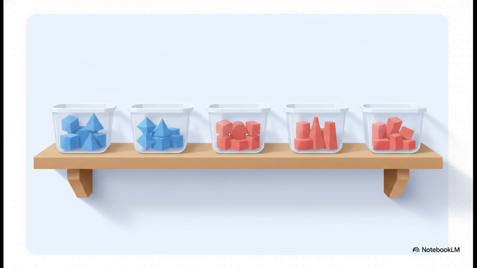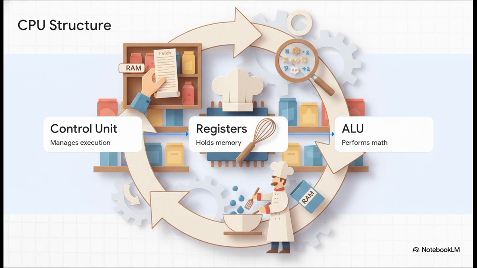Now, this unified memory approach makes the system incredibly flexible, sure, but it creates a massive logistical headache when that kitchen actually gets busy. So, the crucial point here is how the central processing unit, the CPU, think of it as our kitchen's head chef, actually works through that shared pantry. It operates on this endless, looping rhythm, completely devoid of any manual intervention.